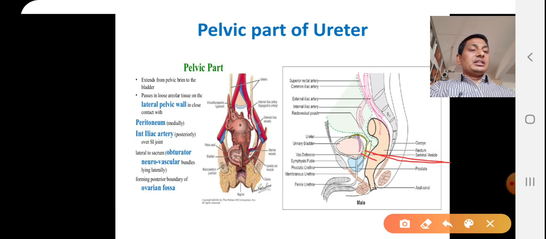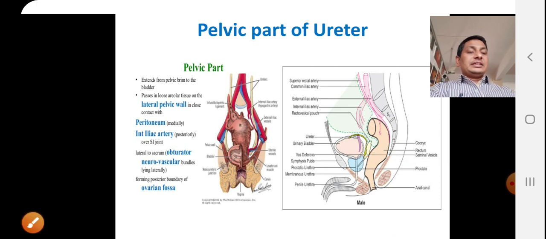But in the female, the ureter lies in extraperitoneal connective tissue in the lower and medial part of the broad ligament of the uterus, and the uterine artery lies first above and in front of the ureter. The ureter lies about 2 cm lateral to the supravaginal portion of the cervix. These are the pelvic relations.